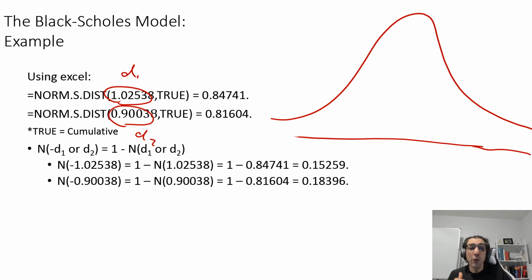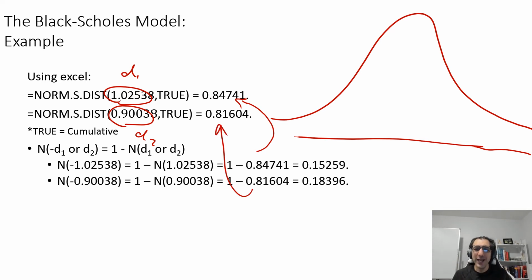And here we are not just looking for the N(d1), we also need to have N(-d1). And I just mentioned the N(-d1) is 1 minus N(d1). So since we just calculated the N(d1), you just plug in the numbers, so it should be 1 minus 0.84 as we just got from here, and 1 minus 0.81 we just got from here.